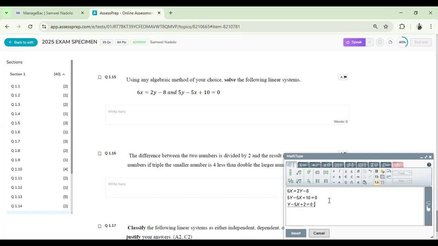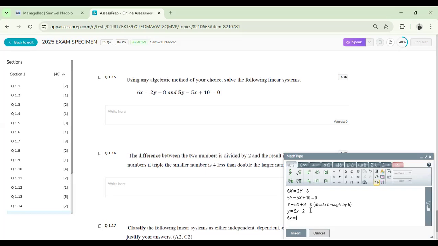So what we did here is divide through by 5. Okay, so I can make y the subject and I'll get y equals 5x minus 2, because when you move this to the other side, the sign changes. I can substitute now. That's where the catch is. That is where the methodology is.